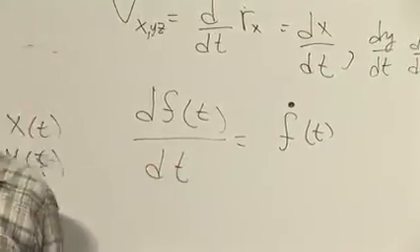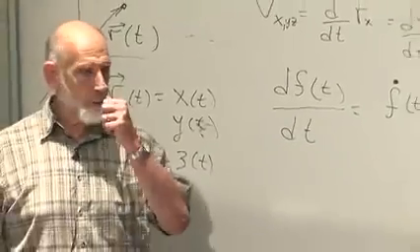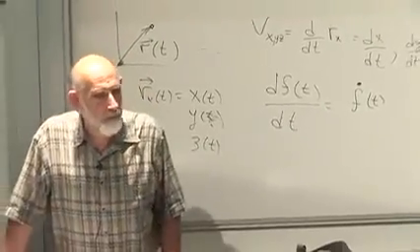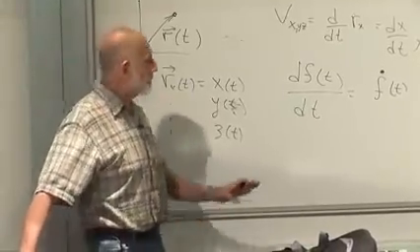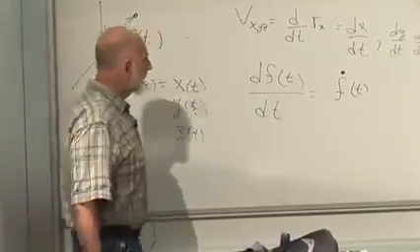You wouldn't use it for derivatives with respect to space, or for derivatives with respect to anything else. Dot means derivative with respect to time. Okay?